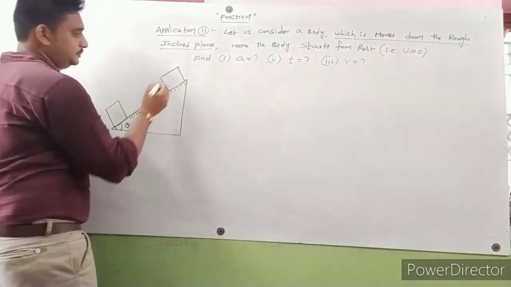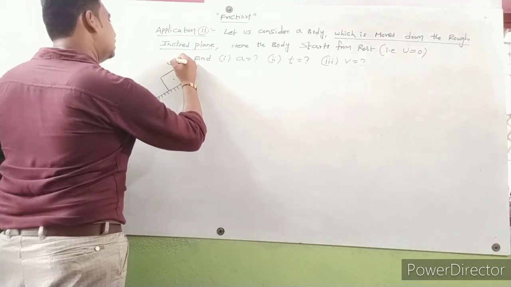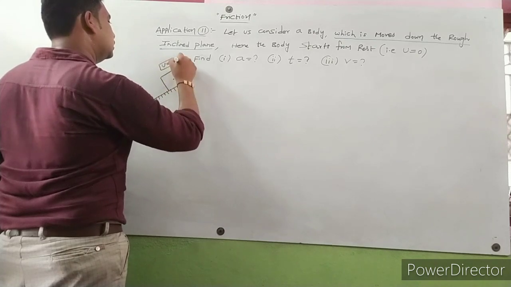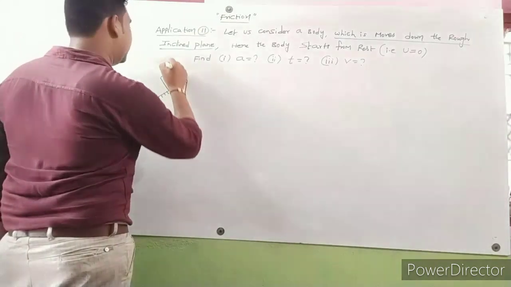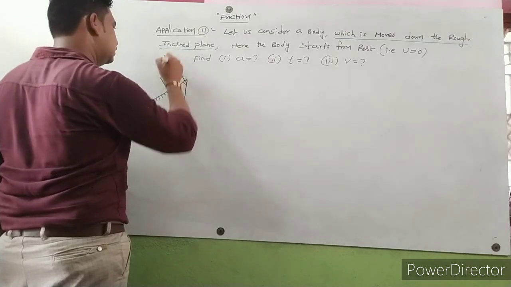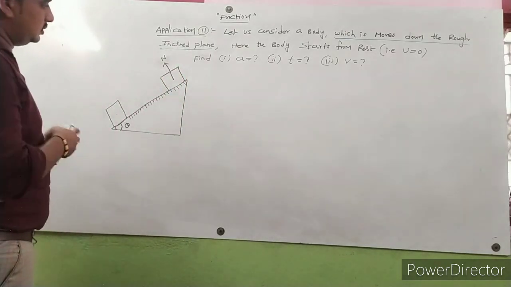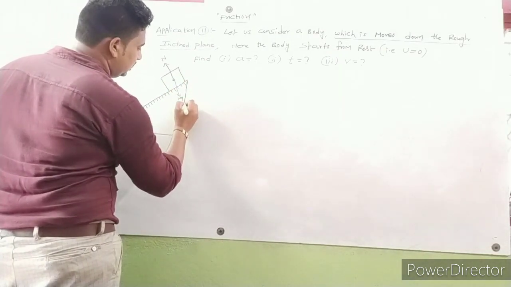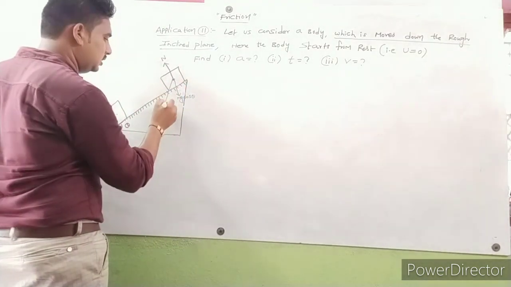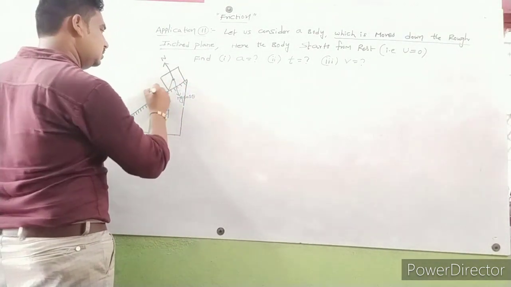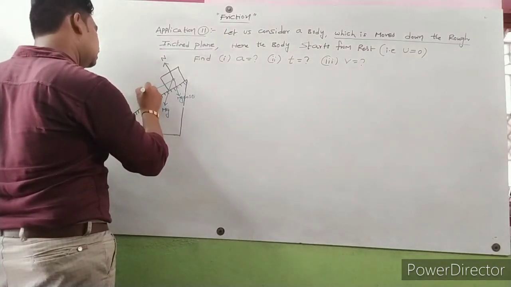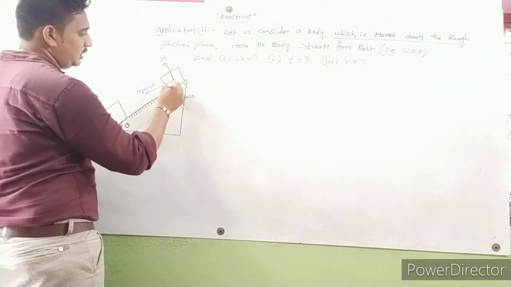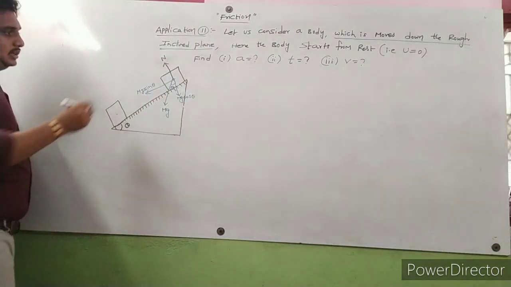For this block, the initial velocity is 0. I write here, this is the normal force N. This is mg cos theta, here is mg, and here is mg sin theta, where the angle is theta.